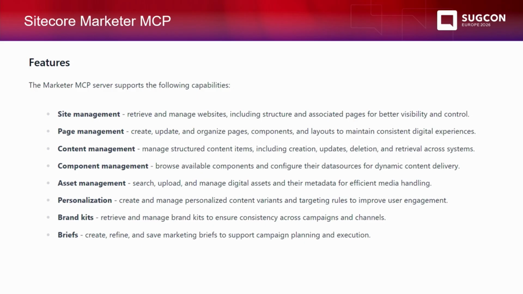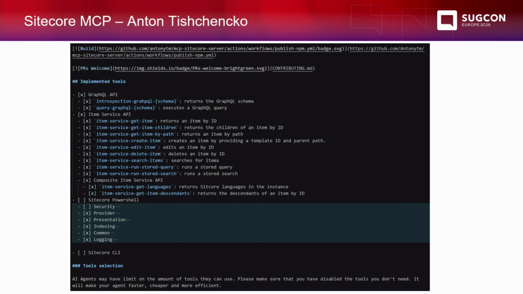And then just to cover off what's available in each, the Marketer MCP, hopefully people are quite familiar with by now, but it's got some great tooling for site management, page management, content management, asset management, personalization, and other things. And then as well as that, Anton Tishenko from EXTST has got a community MCP server for Sitecore, which as you can see there, it's got tools like item service, get item by ID, lots of Sitecore PowerShell tools.